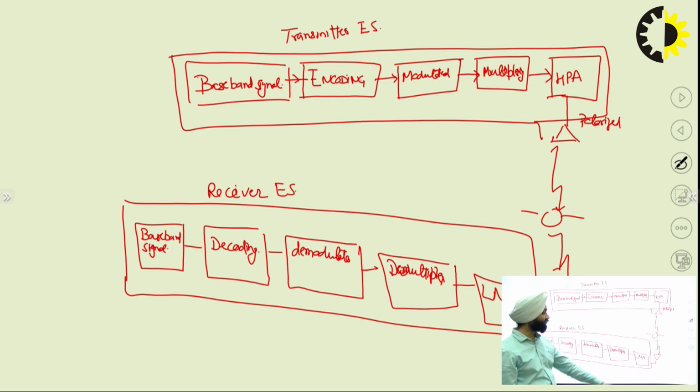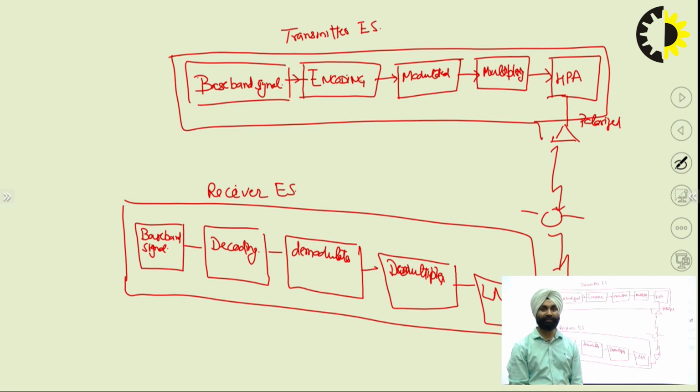Now there is another system, that is the satellite system. This satellite system has different subsystems and also has different blocks for the telemetry tracking and control system, as well as for the communication. For the communication system, this satellite will act as a bent pipe transmitter or a reflector.